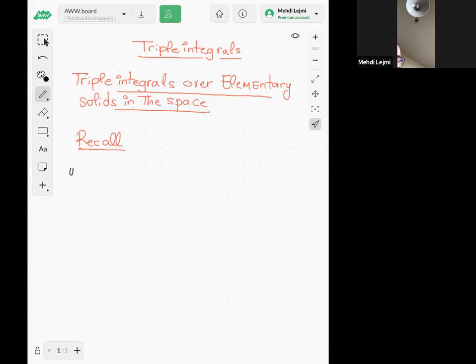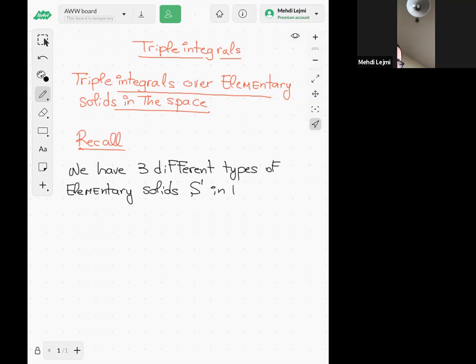We have three different types of elementary solids, solids S, let's say, in the space. Let me just remind you of the definitions here.